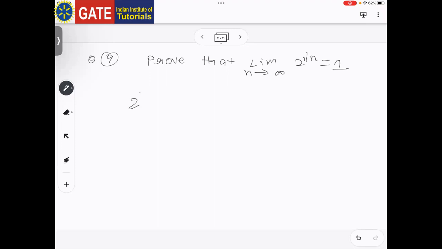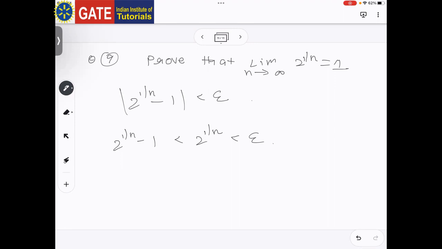So modulus of 2 raised to the power 1 by n minus 1 is lesser than epsilon. In this we can write that 2 raised to the power 1 by n minus 1 is less than 2 raised to the power 1 by n, which is less than epsilon.